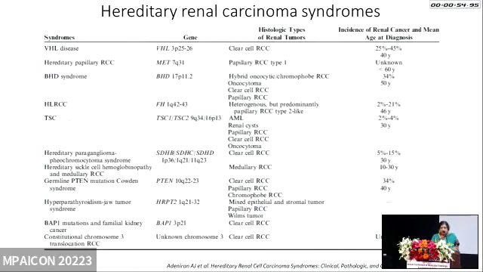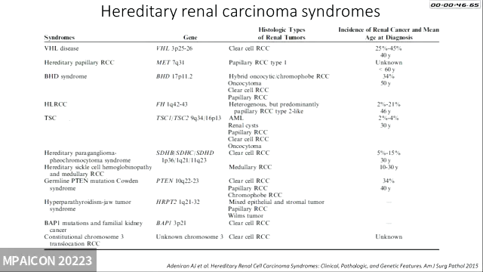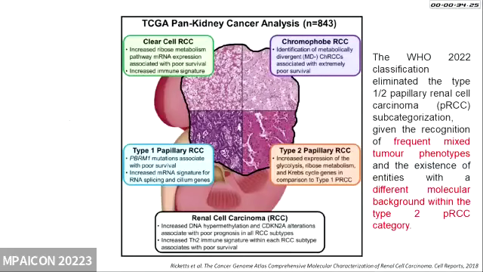Now here is the long list of hereditary renal carcinoma syndromes, with the von Hippel-Lindau gene, which is present on 3p. When that is lost, then hereditary papillary RCC, HLRCC. So there is a long list. Even tuberous sclerosis genes are associated with various syndromes.